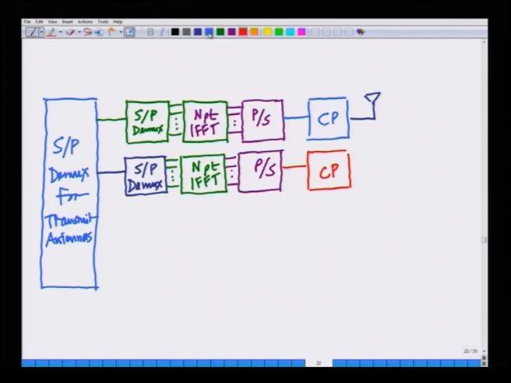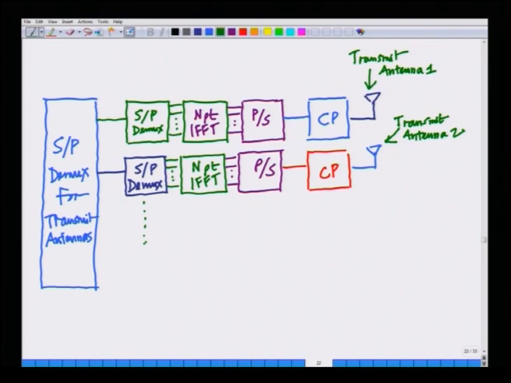So, this is addition of the cyclic prefix at transmit antenna 2. So, the first one is transmit antenna 1, the second one is transmit antenna 2, all right, and so on and so forth.